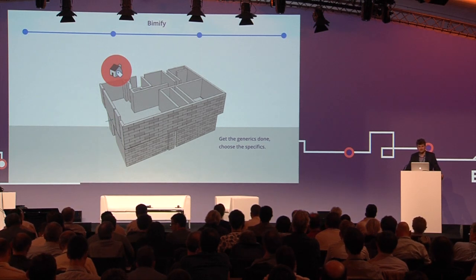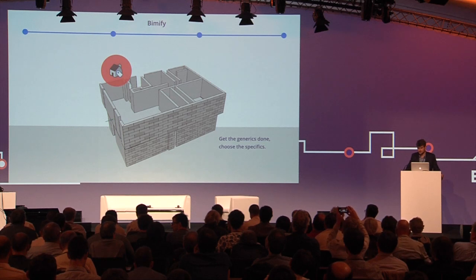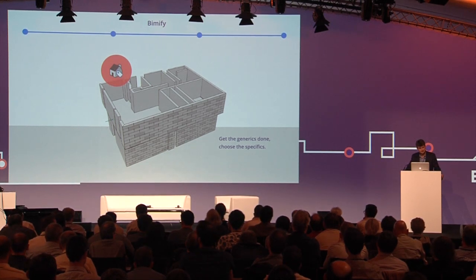BIMify is about, currently in V18, having the spatial locations correct and also having the classifications, but we're also looking into improving this further and adding automatic room detection in there, detection of the outer walls, and so on, to get you all the generics done so you can focus on the specific designing.